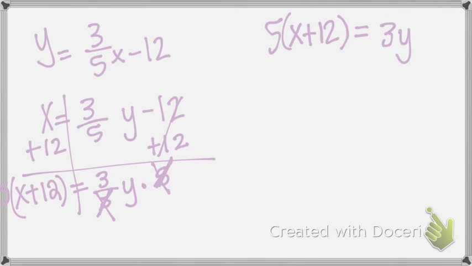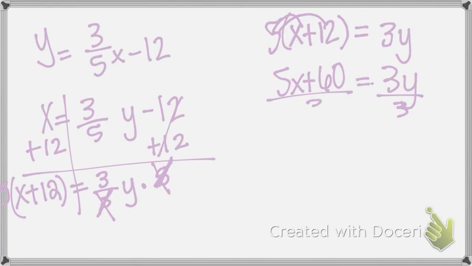Let's simplify. 5x plus 60, I distributed that 5, equals 3y. Divide both sides by 3. We've got 5 over 3x plus 20 equals y. I got 20 from 60 divided by 3.